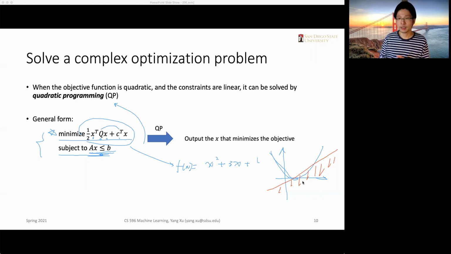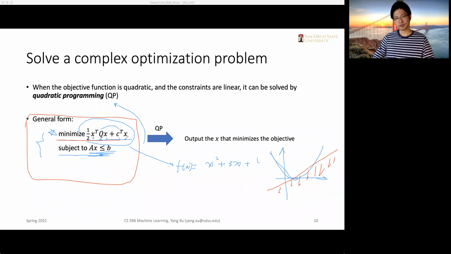All we need to do in this SVM chapter is to define the target function here. All we need to do is to know how the objective functions are defined, how the constraints are constructed, and then we're able to solve it with some existing algorithms.